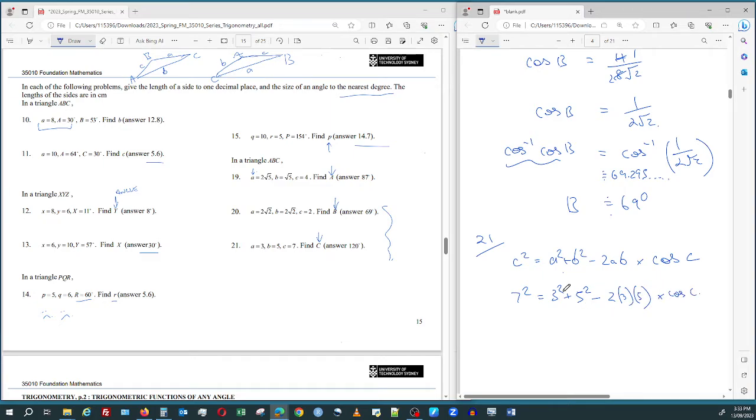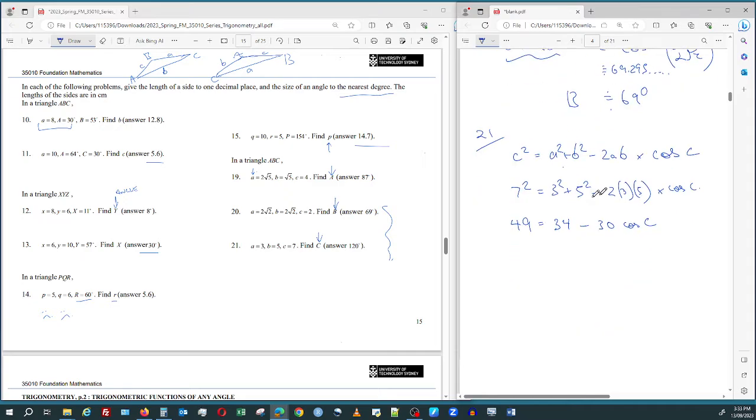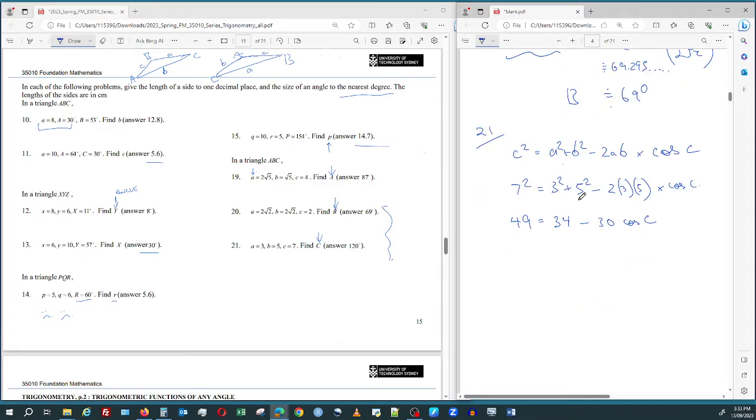Okay? So we can do the 49. 9 plus 5, 9 and 25 again, 34. Now 5, 15 minus 30 cos C. So you could do plus 30 and all the swapping around. It's up to you how you do your gymnastics.